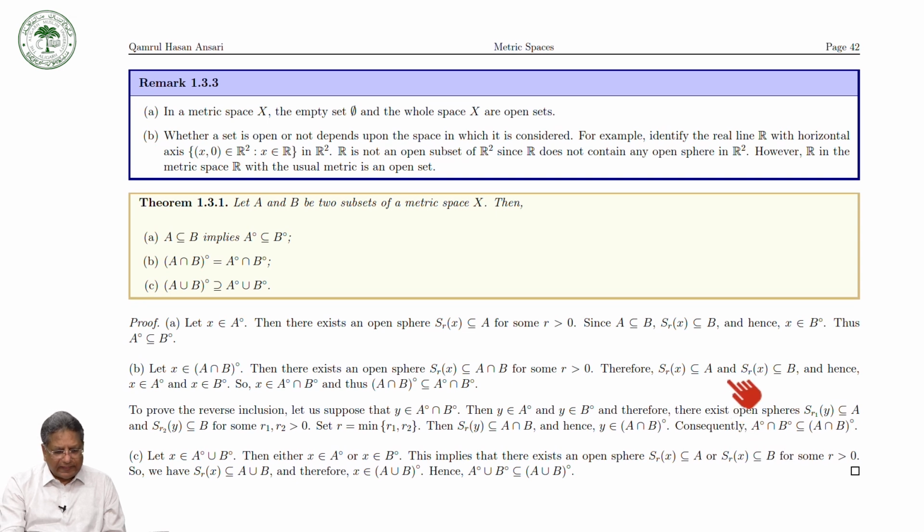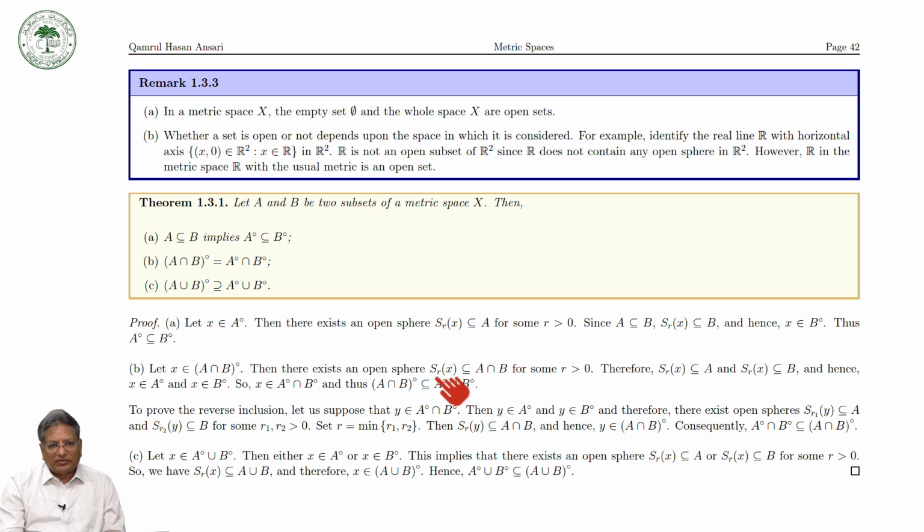Now for the second part, first let us take X an element of interior of A intersection B. So again, X is the center of some open sphere contained in A intersection B. That is to say, there exists an open sphere S_r(X) in A intersection B for some r greater than 0.